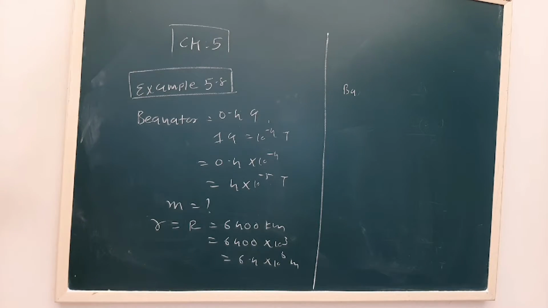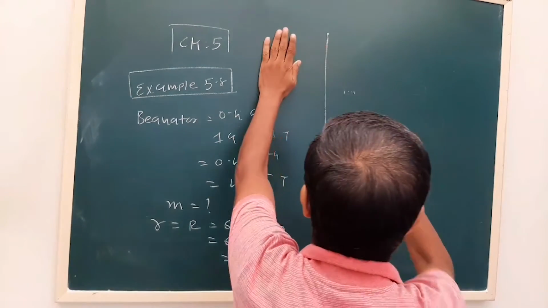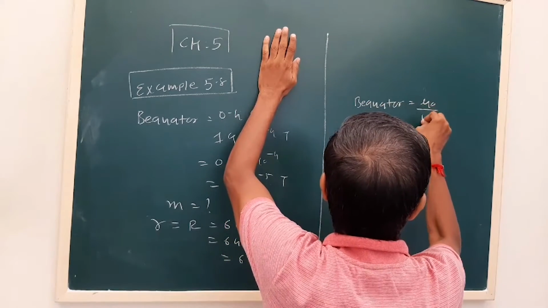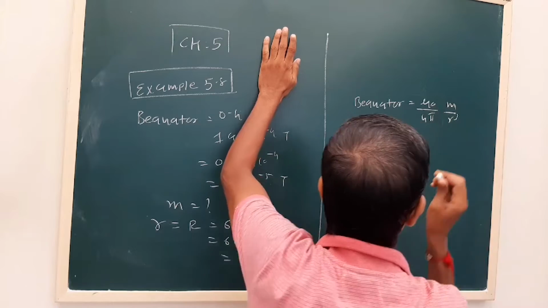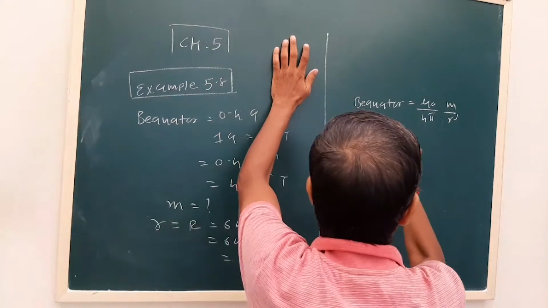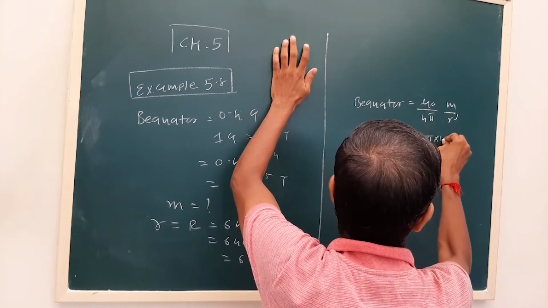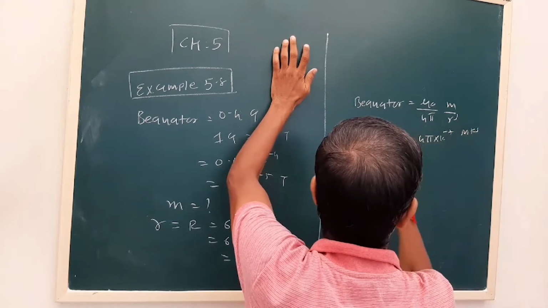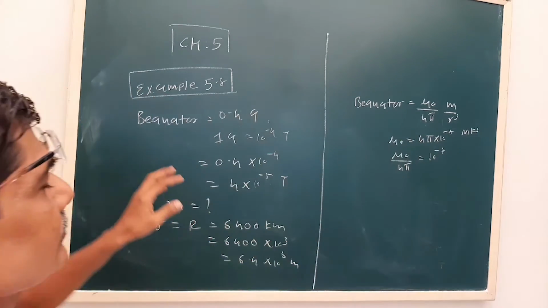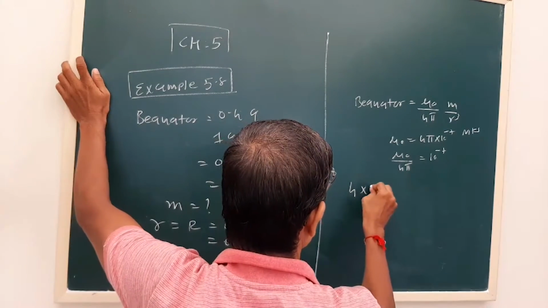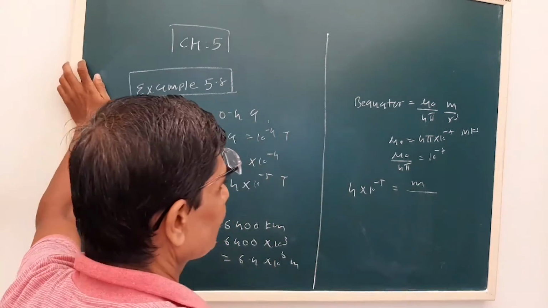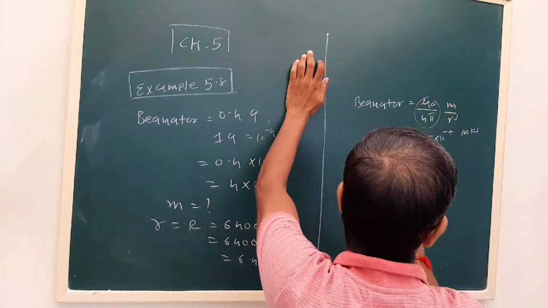Now the equatorial field is given, so we can use the formula B equator is mu 0 upon 4 pi, m upon r cube. Again mu 0 is 4 pi into 10 to the minus 7 in MKS units, so mu 0 upon 4 pi is 10 to the minus 7.